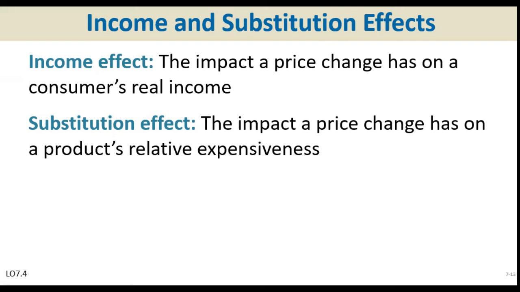If the price decreases, the consumer will have more real income, more flexibility to purchase more of the good or other goods. If the price increases, the consumer's real income will be lower, right? So the flexibility to purchase more of the good or other goods is going to be limited. That's why you see that inverse relationship between the quantity demanded and the price when we talk about the demand curve.